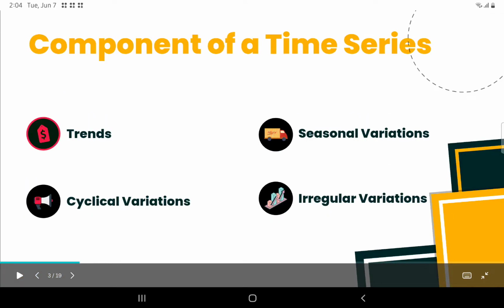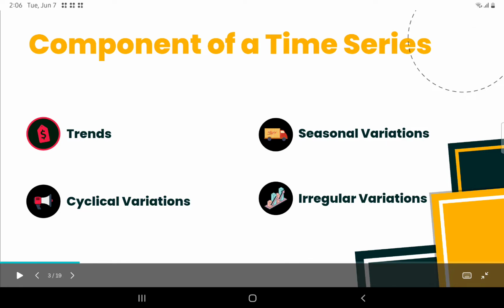In this chapter, we will discuss the components of time series. We have 4 components here. These 4 components can influence the pattern, and they contribute to the variation of time series data.